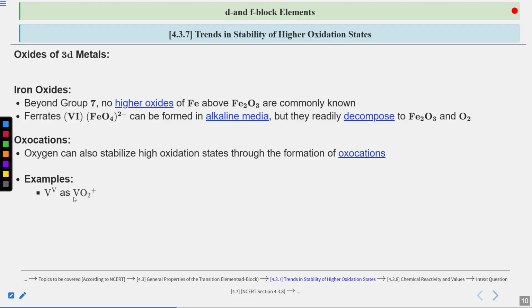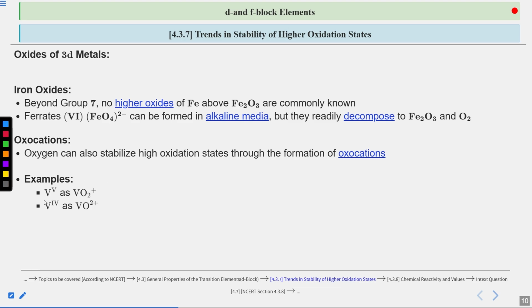So it is forming an oxocation, oxygen in the cationic form, in which vanadium has +5 oxidation state, which is stable. So oxygen can also stabilize the higher oxidation state of the elements through the formation of oxocations.